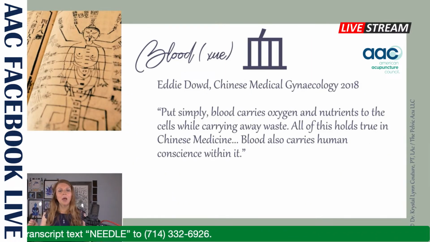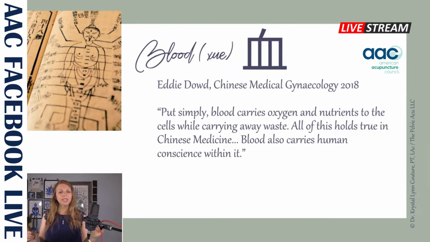Let's talk blood. Put simply, blood is going to carry oxygen and nutrients to the cells while carrying away waste. Chinese medicine believes this too. And Chinese medicine believes that blood carries the human conscious or consciousness within it.